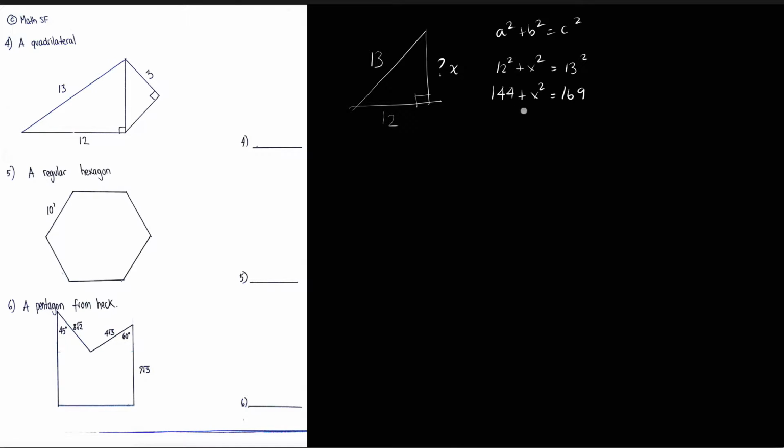Now subtract 144 from each side, and you will get x squared equals 25. Now you apply the square root to each side, so you get x equals plus or minus the square root of 25, which is plus or minus 5. But because x is the length of something, this should be just positive 5. We don't take negative here. Okay, so that's how we're going to find that side.